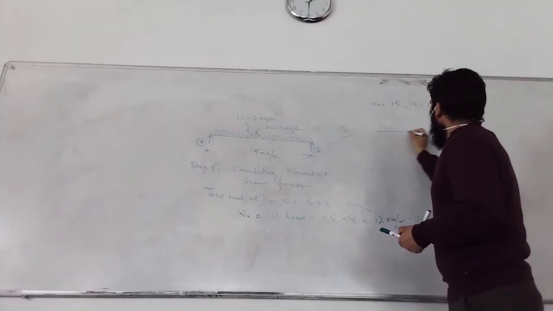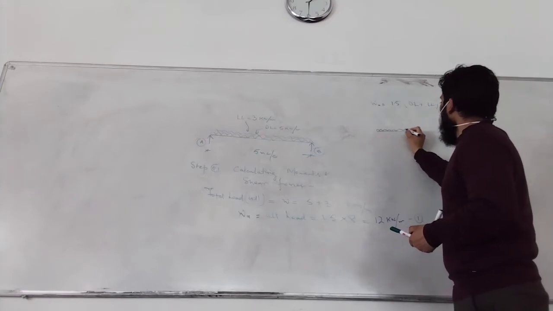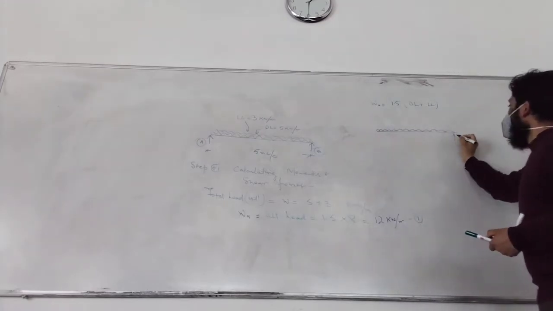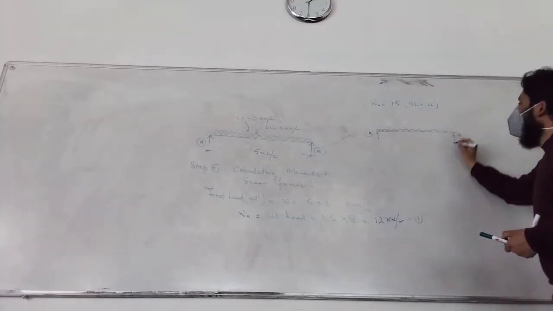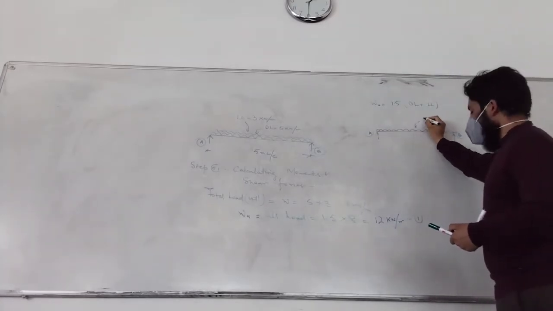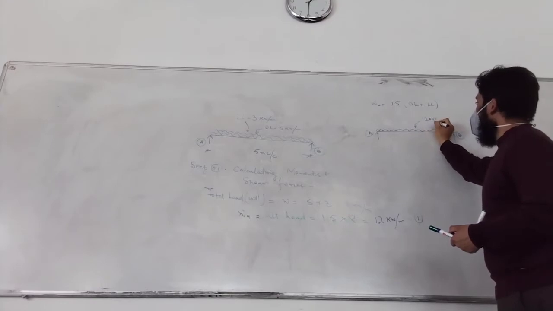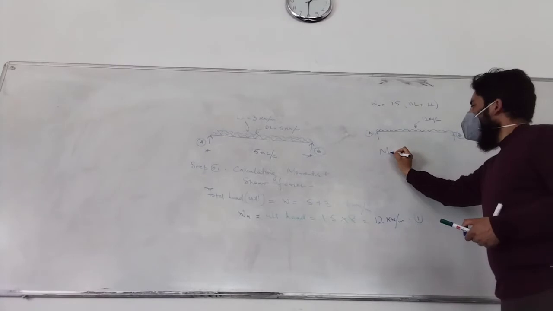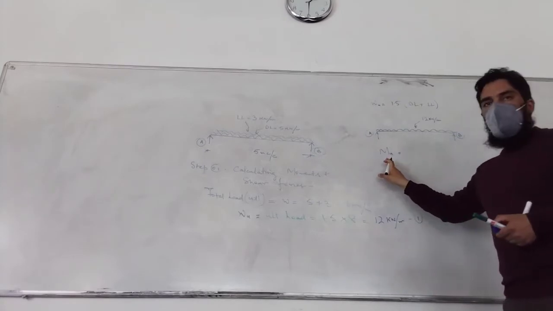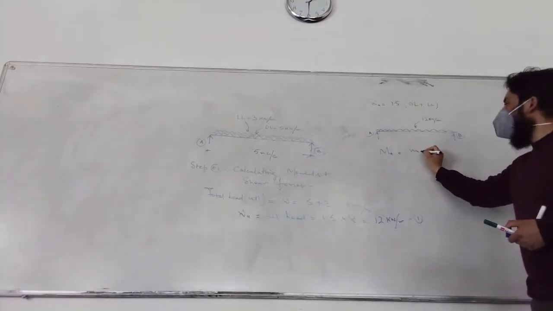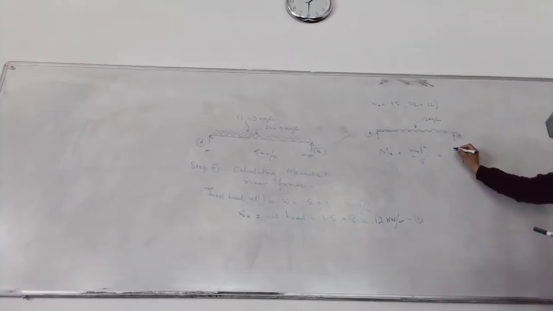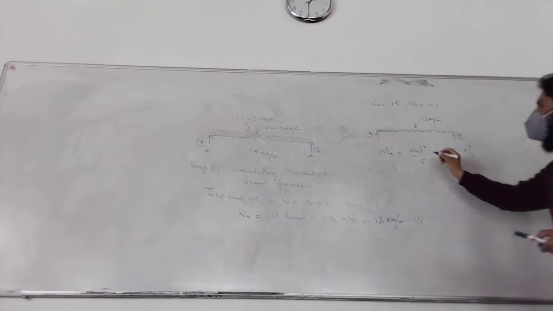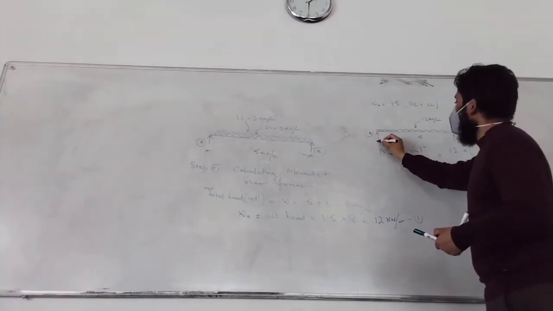Now, you are analyzing this beam AB for a WU load of 12 kilonewton per meter. Your MU, which is the moment, will be WU L square by 8 for a simply supported condition. So this will be 12, L is 5 center to center.